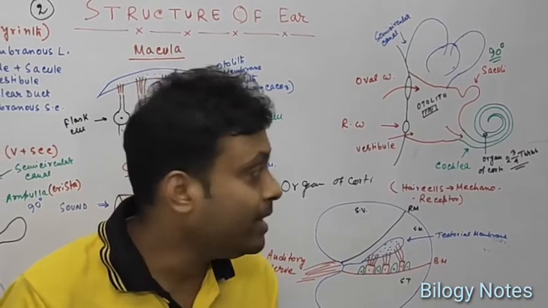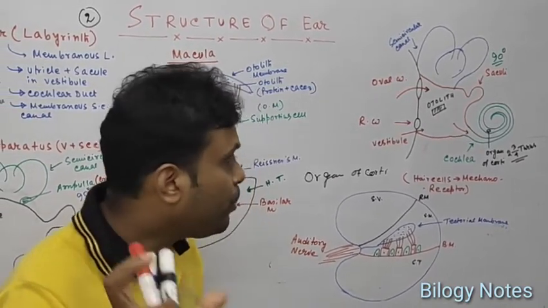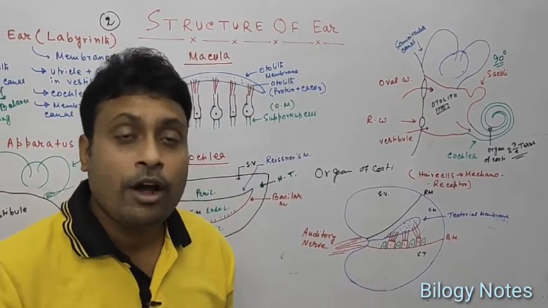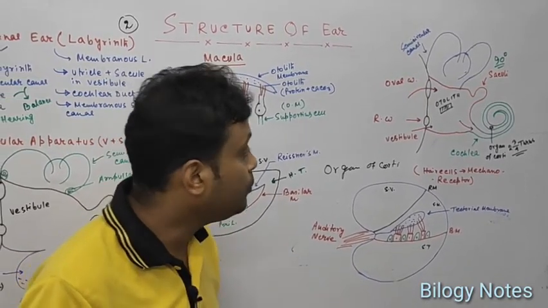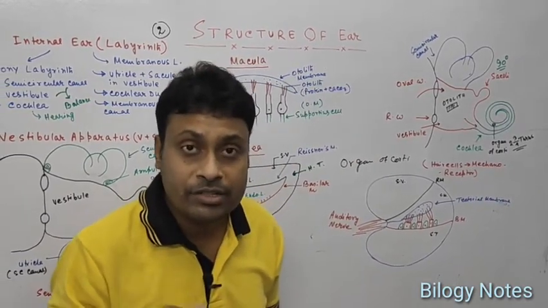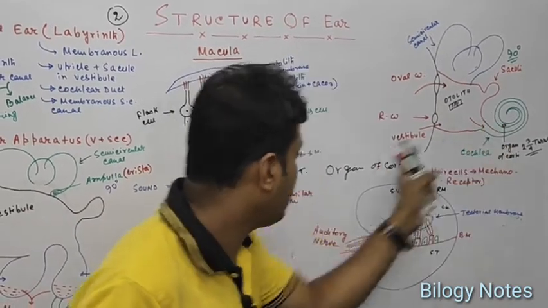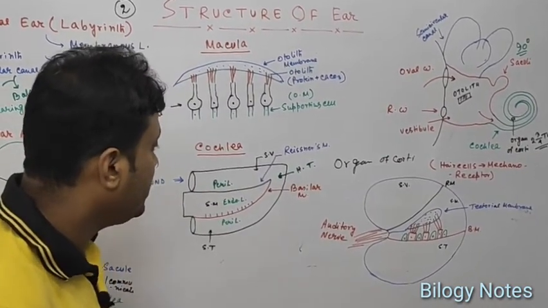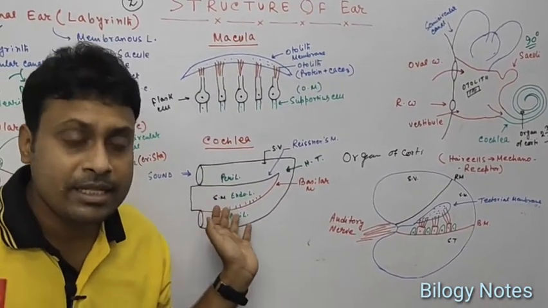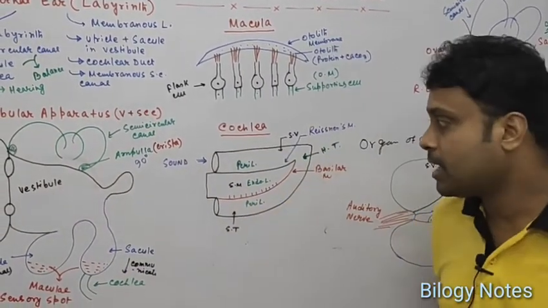Cochlea means snail. Okay, and inside the cochlea, another important structure is present, the organ of hearing, which is also called the organ of Corti. And you should understand the structure of the organ of Corti. Okay. And if we see the transverse section of the cochlea, then we can see three chambers. Actually, inside the cochlea, two membranes are present.